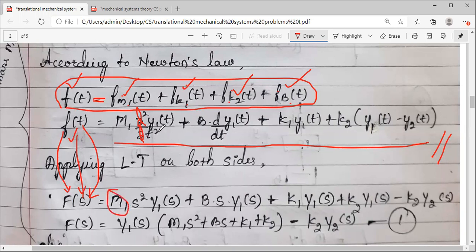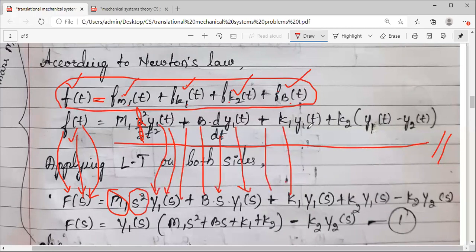This d²/dt² of y1(t), if you remember, whenever there is double differentiation, in the Laplace transform s² is added, so s² into Y1(s), plus b, as it is constant. There is a single differentiation, multiply by s; double differentiation, multiply by s²; and y1(t) will be Y1(s), plus k1, which is a constant.